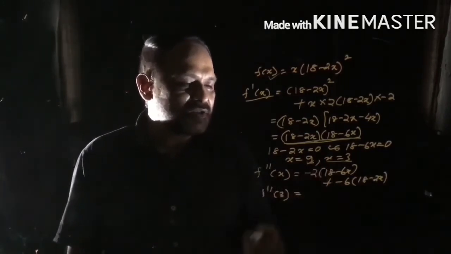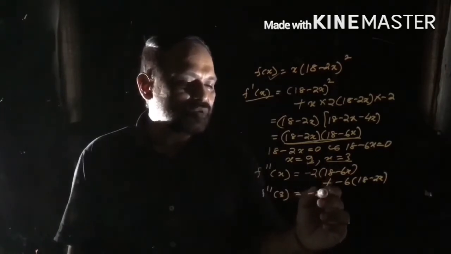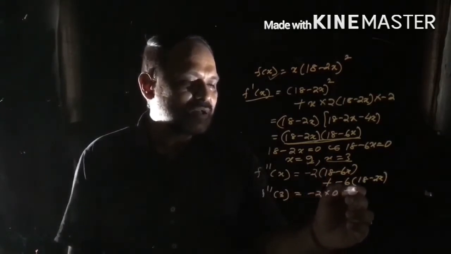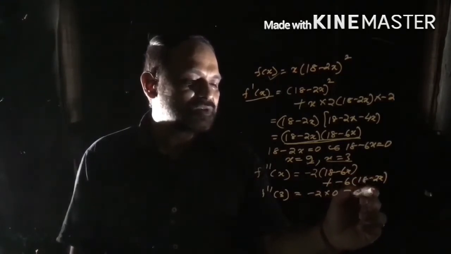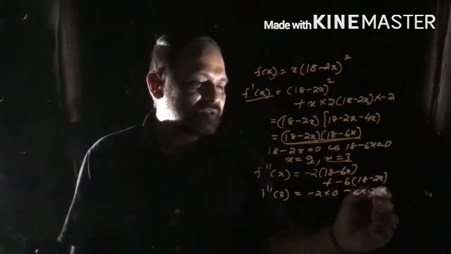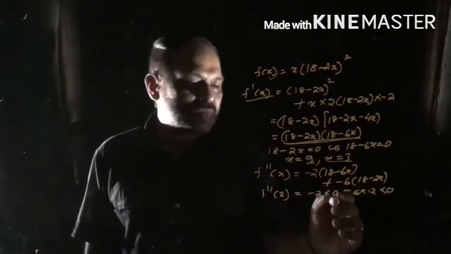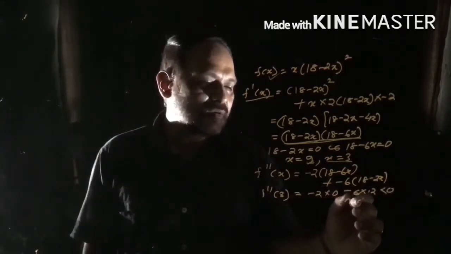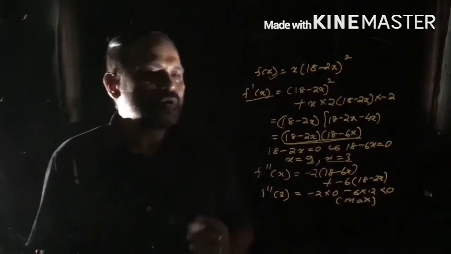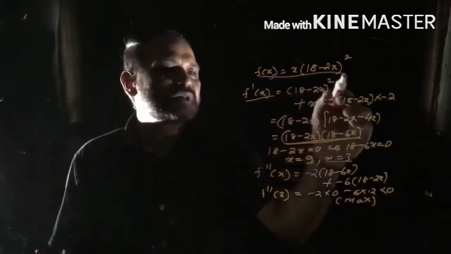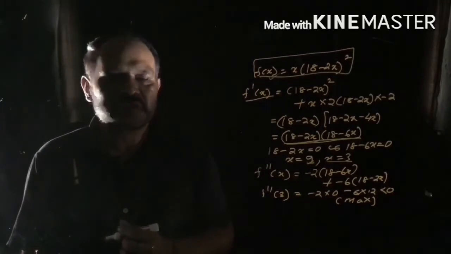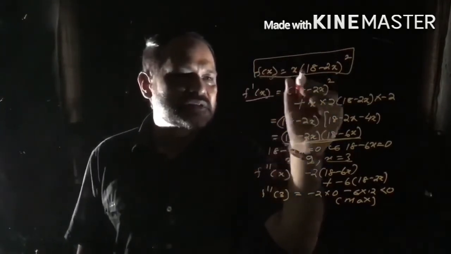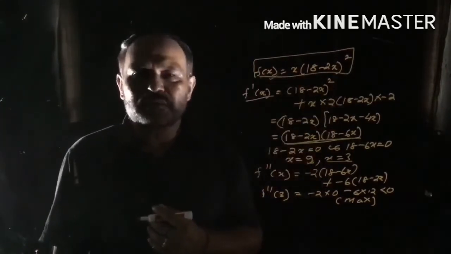F double dash 3 is equal to minus 2 into 0 minus 6 into (18 minus 6), that is 12, which is less than 0. Less than 0 means the function has a maximum. So this function is maximum at x is equal to 3. The volume is maximum at x is equal to 3.